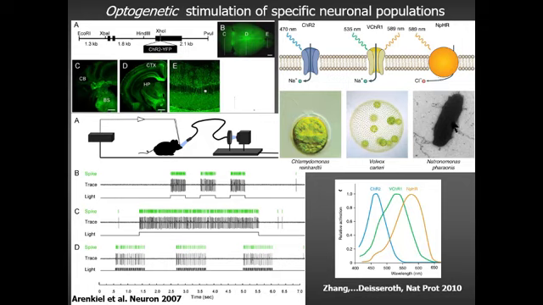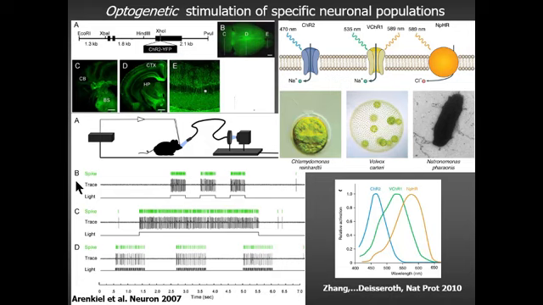So now all of these channels and pumps are exogenous for mammals. We don't express them naturally. And so this is why we need to use transgenic technology to insert this into our genome. And so here is an example of a mouse that expresses one of those in cortical cells, I think, or maybe an olfactory bulb.